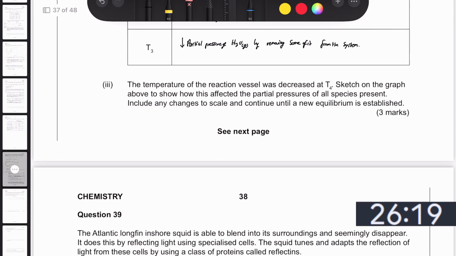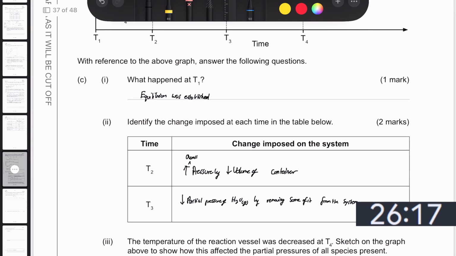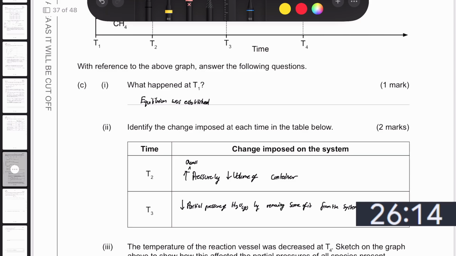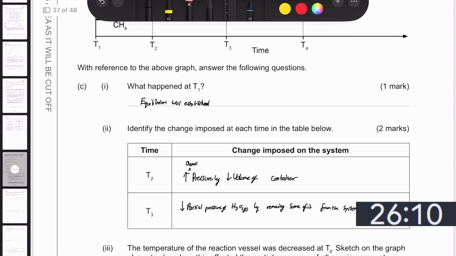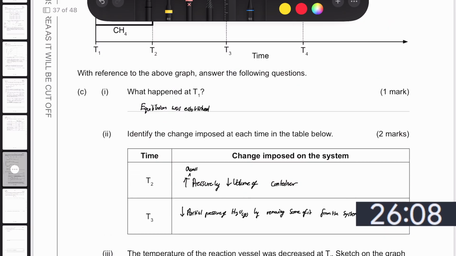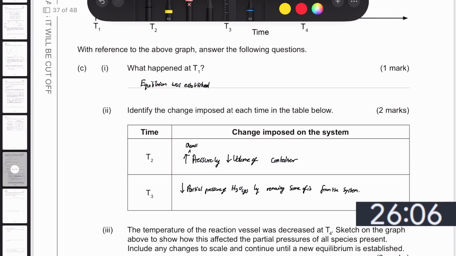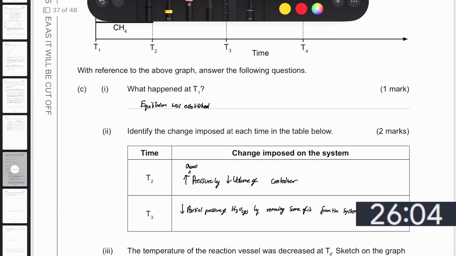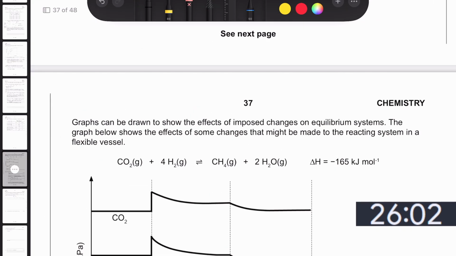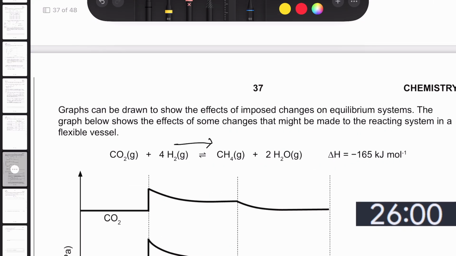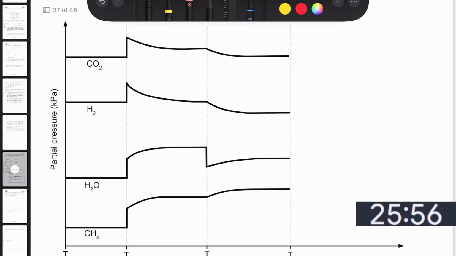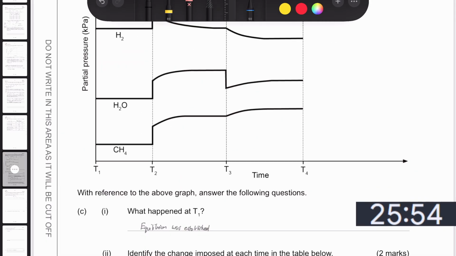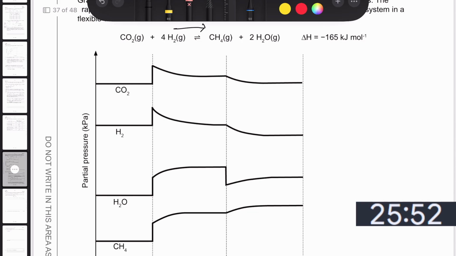The temperature changes will decrease at T4. So how does it affect all species? Include any changes to scale and continue until a new equilibrium is established. So T4, temperature was decreased, so I want to go to the right. So then my CH4 will increase a little bit, until a new equilibrium is established.